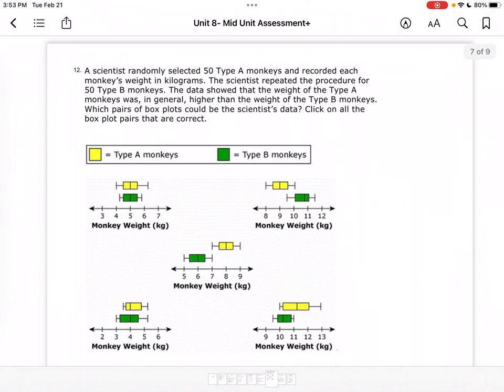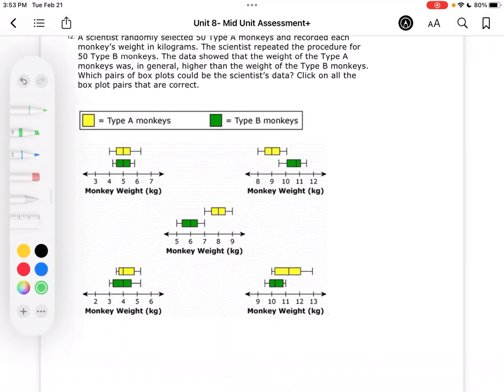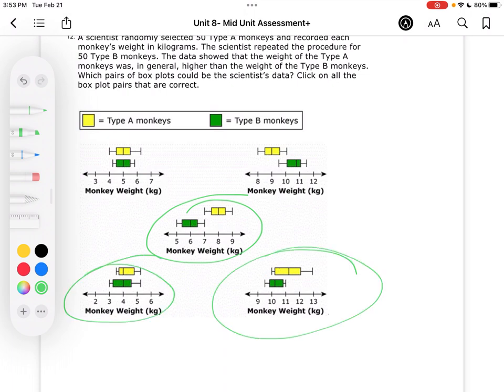All right, for this one, it says the scientists have all this information. They repeated the procedure for 50 type B monkeys and type A. The data showed the weight of the type A monkeys was in general higher than the weight of the type B monkeys. So this one shows it. This one shows it. This one shows it.